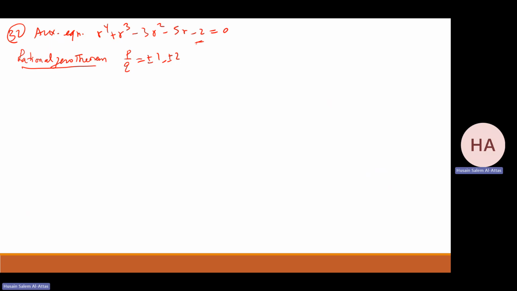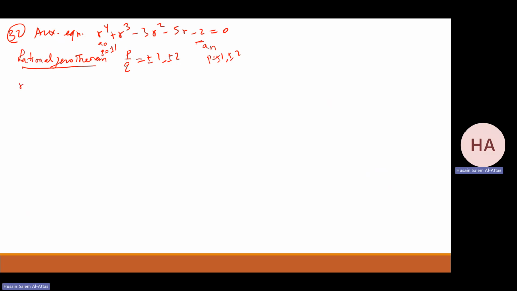Minus 1 is okay. I need 2 roots. This is a_n, this is a_0. So p equals plus or minus 1, plus or minus 2, and q equals plus or minus 1.